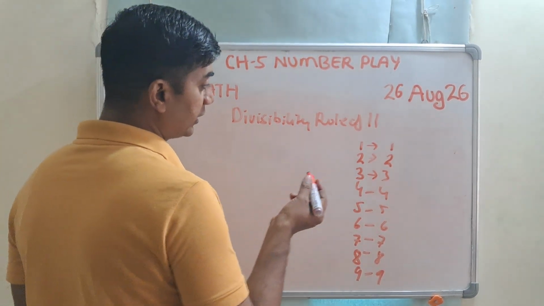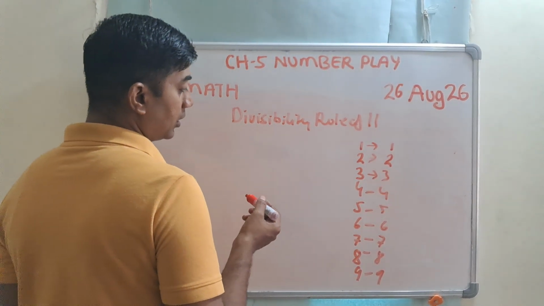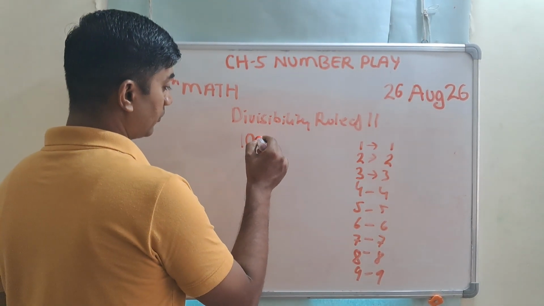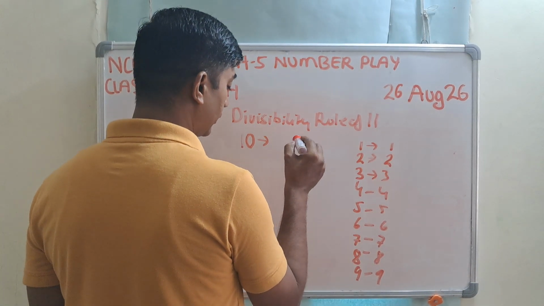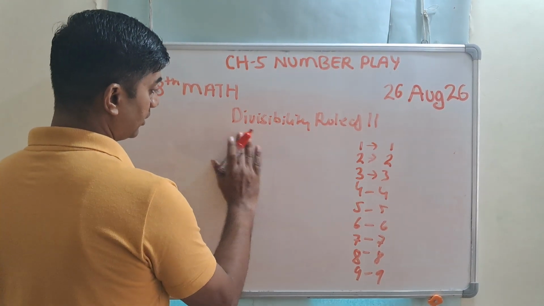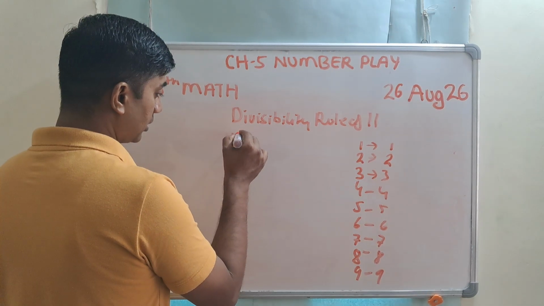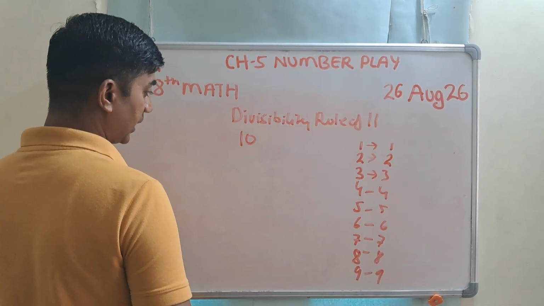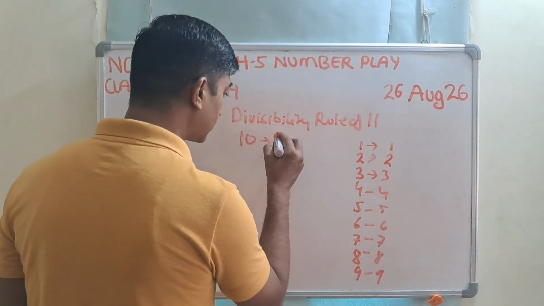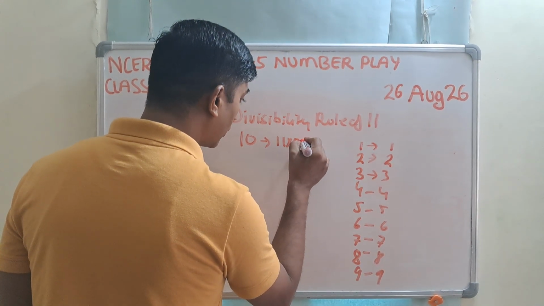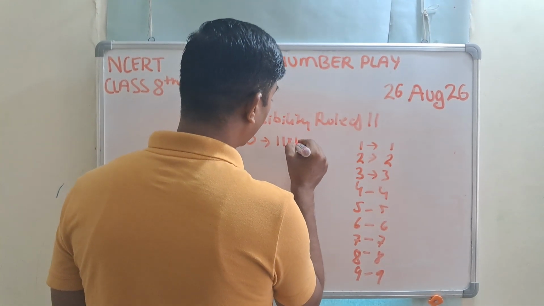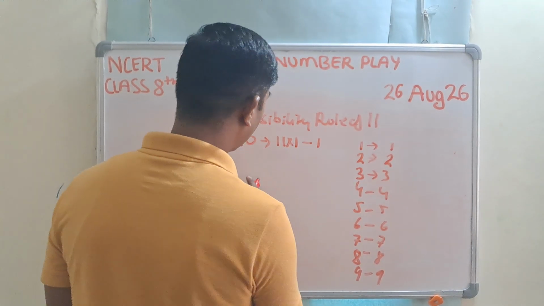In case of 10, if we want to obtain this number as a multiple of 11, what will you get? The first number at the tens place is 10, and this can be represented as 11 into 0 plus 11 into 1, and 11 into 1 minus 1 gives you 10.